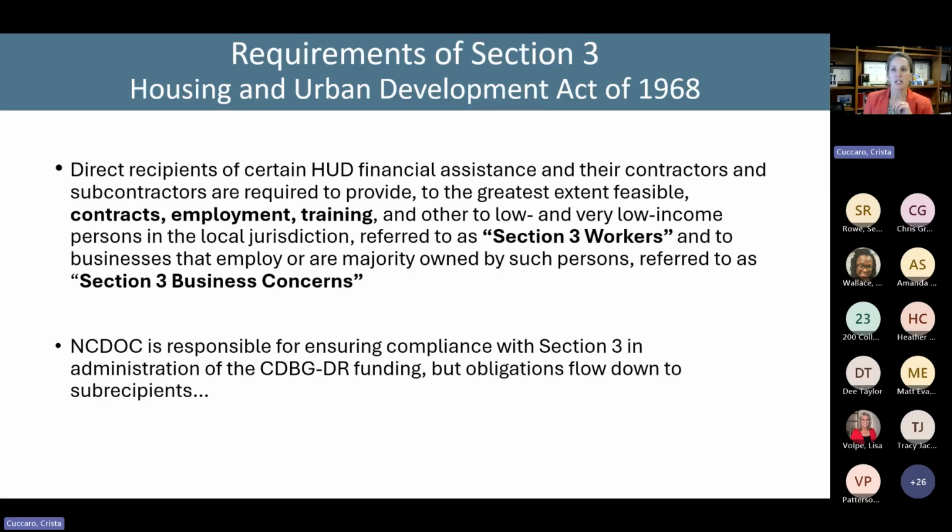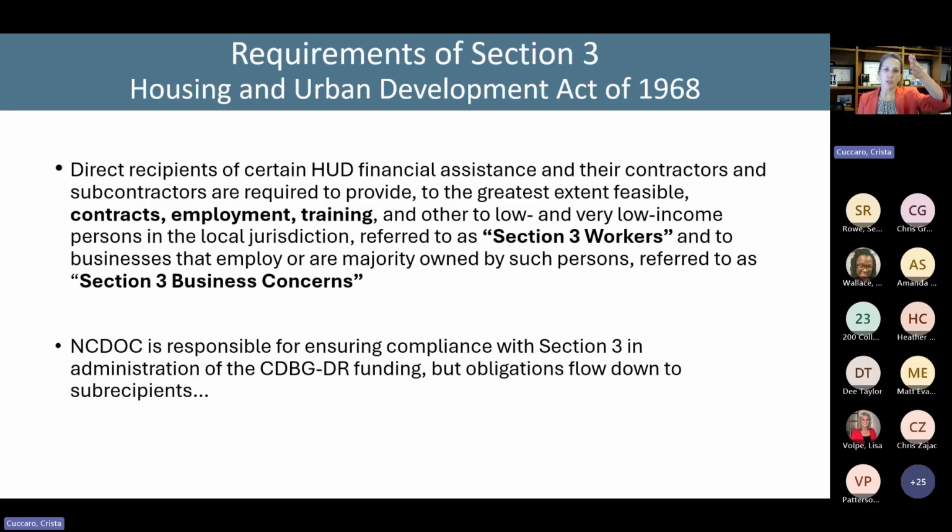Direct recipients of HUD financial assistance and their contractors and subcontractors are required to provide, to the greatest extent feasible, contracts, employment, and training, and other economic opportunities to low and very low income persons in the local jurisdiction, who are referred to as Section 3 workers, and to businesses that employ or are majority owned by those persons, referred to as Section 3 business concerns.